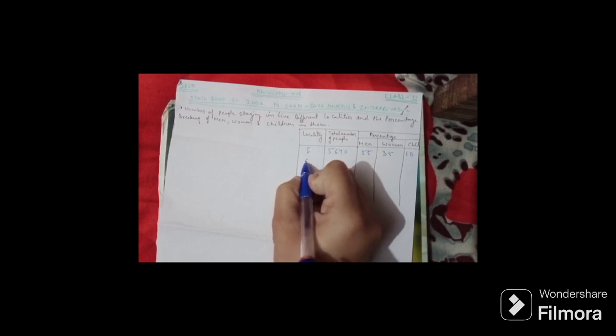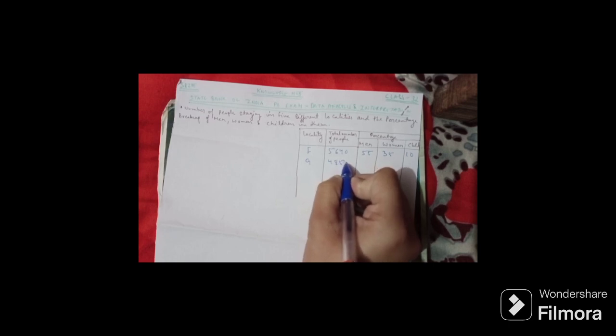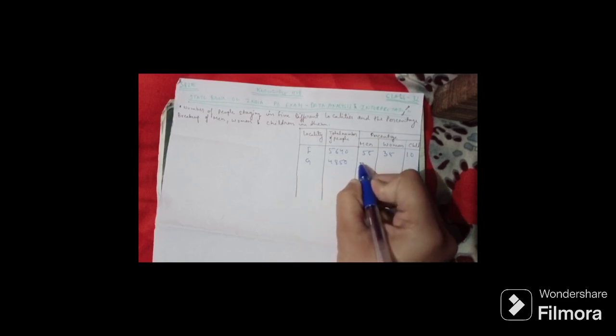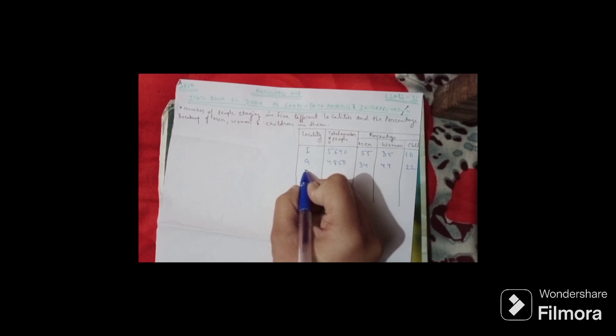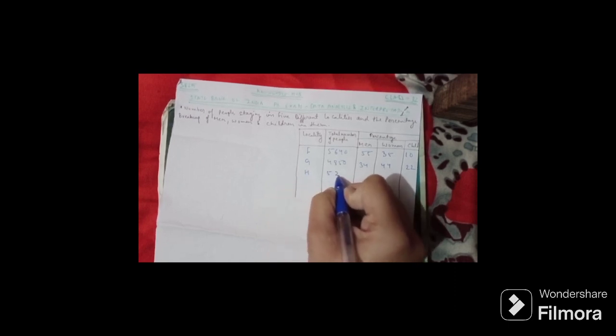Now for locality G, 4,850, 34, 44, 22. For locality H, 5,200, this is 48, 39, 13.